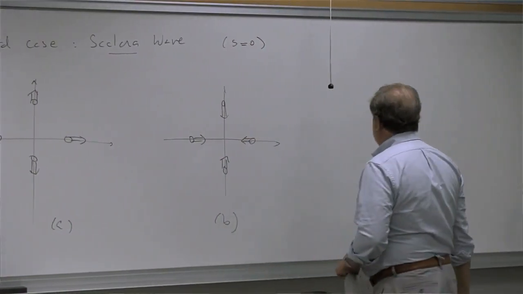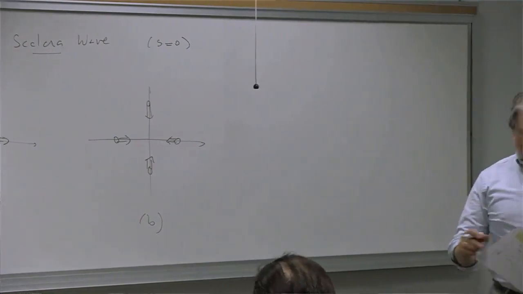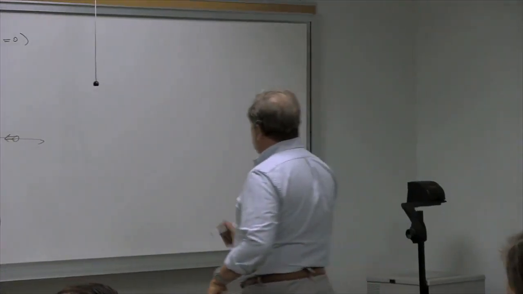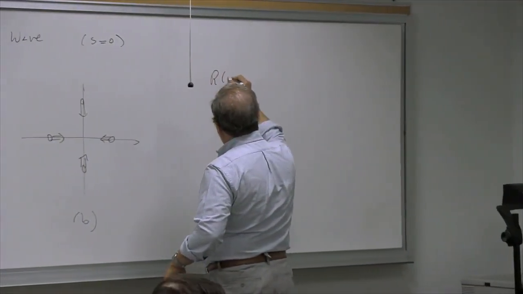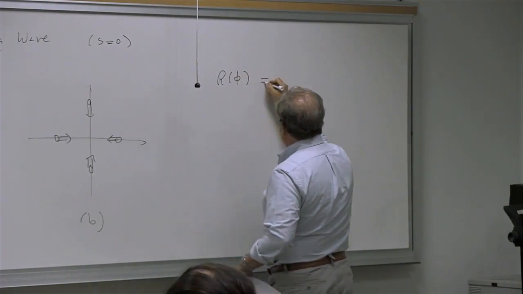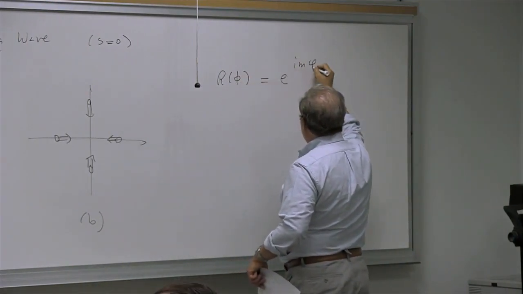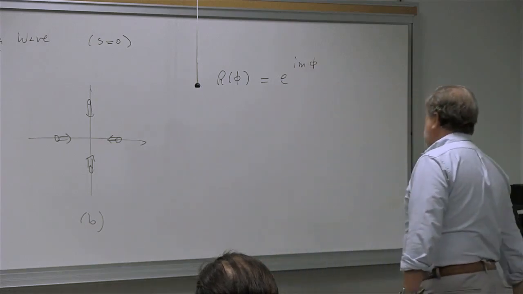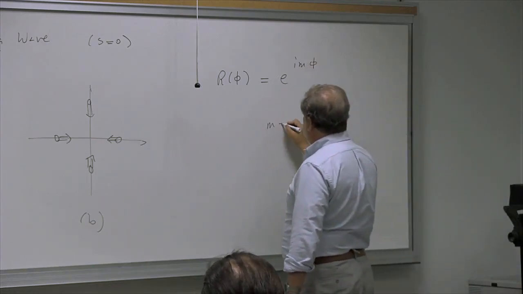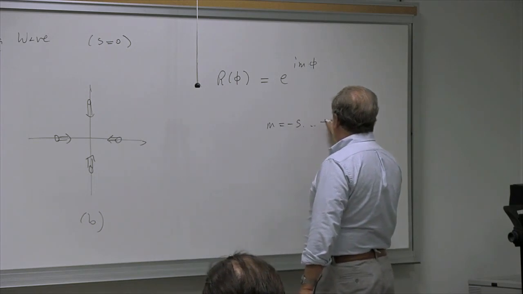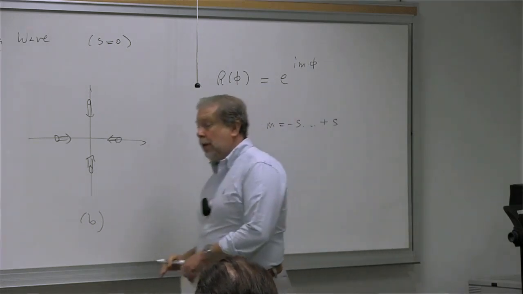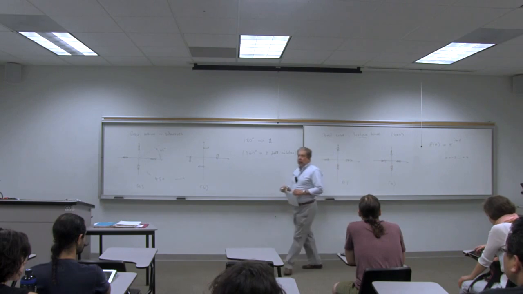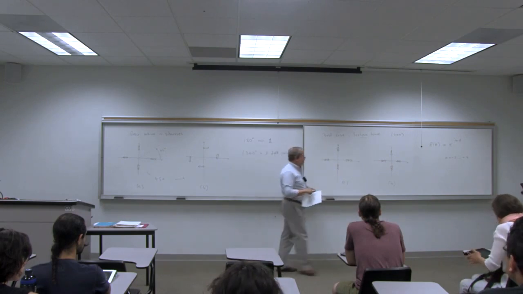So in general, we are familiar with the fact that, at least in quantum mechanics, we have a rotation R by an angle phi, which is e to the i m phi. And that m is related to the spin by being a variable that is integer or perhaps half integer and runs between plus s and minus s.